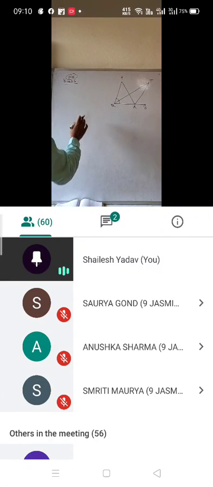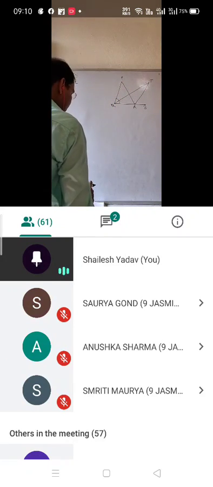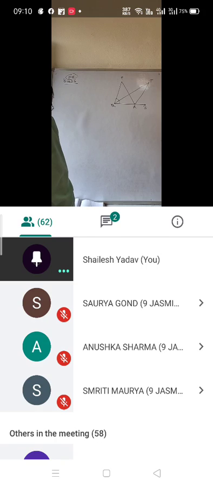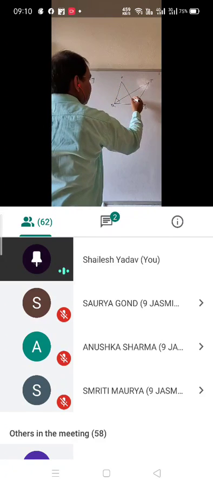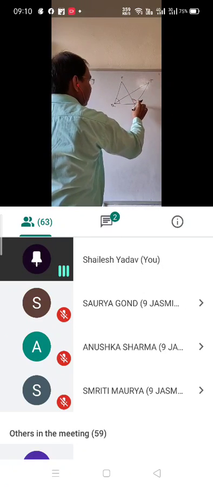So here in the first statement it is given that QT is the bisector of angle PQR and angle PRS. If I am going for the angle PRS is here, and the bisector of angle PRS, that is RT.